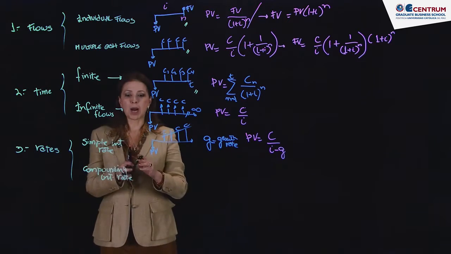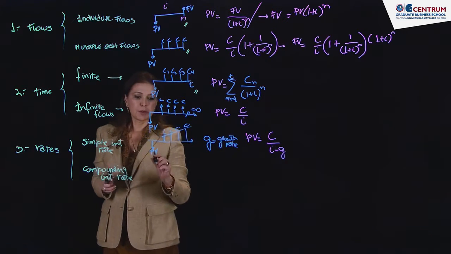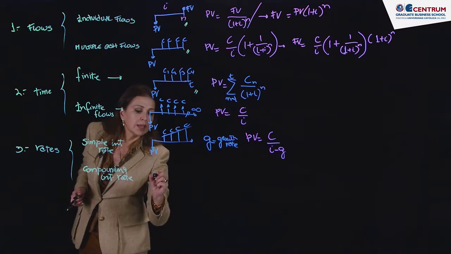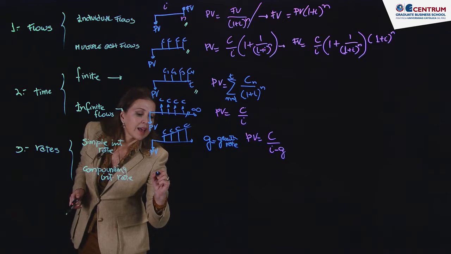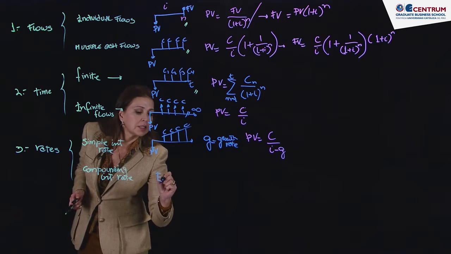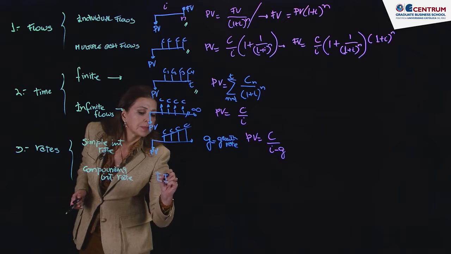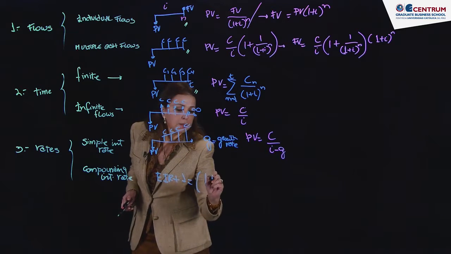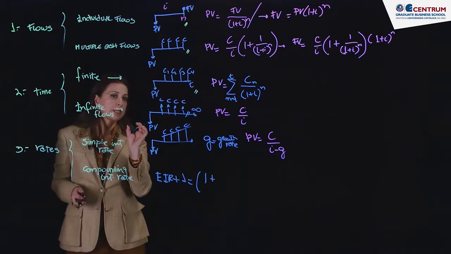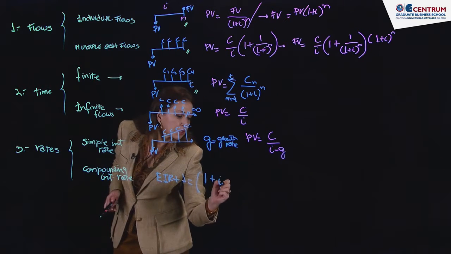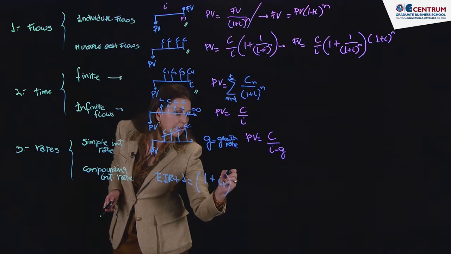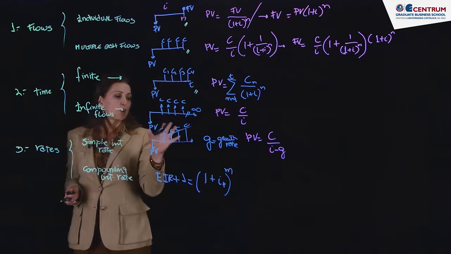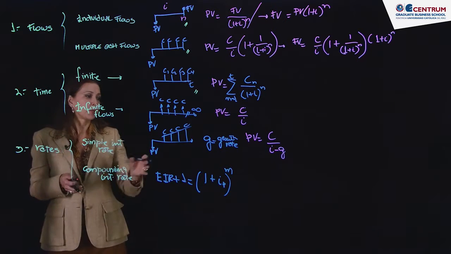When we refer to compounding interest rate, please remember that we are going to use our formula: effective interest rate plus 1 is going to be equal to 1 plus our periodical interest rate, the interest rate of the period, raised to the number of times we are going to cover in the complete period.